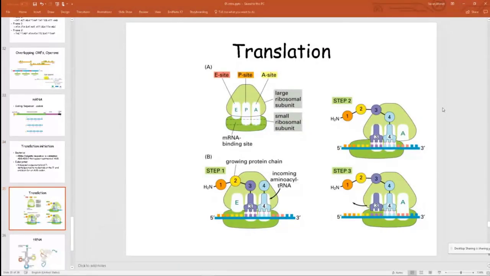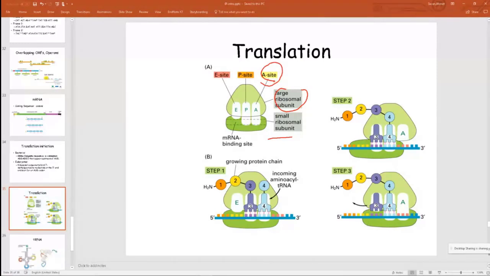The translation itself is described on the slide. The ribosome shown in green is composed of different subunits. It's composed of different proteins that come together to produce this machinery. Okay. The small subunit and the large subunit together hold 3 different pockets.